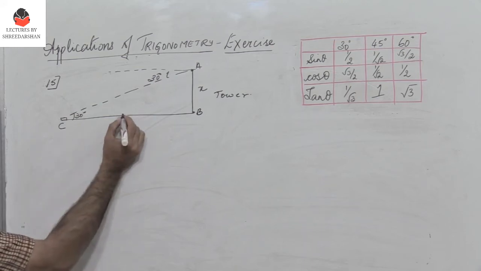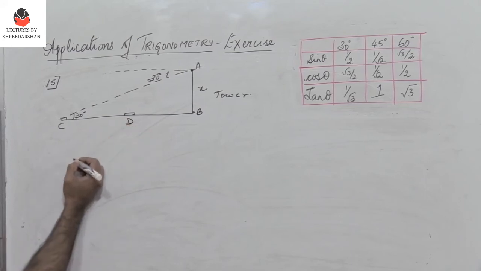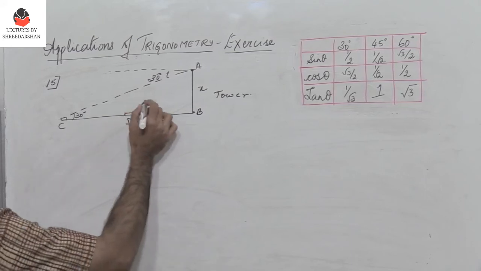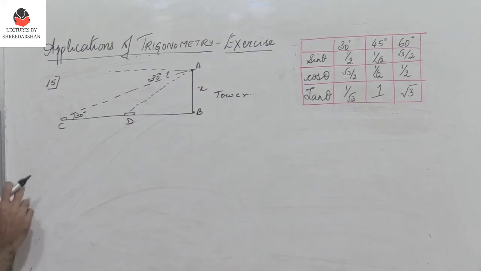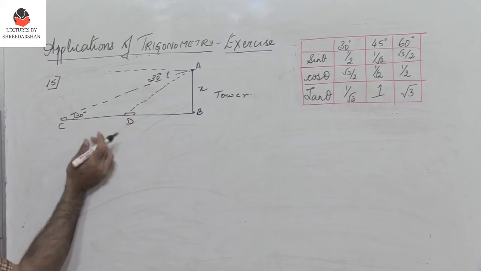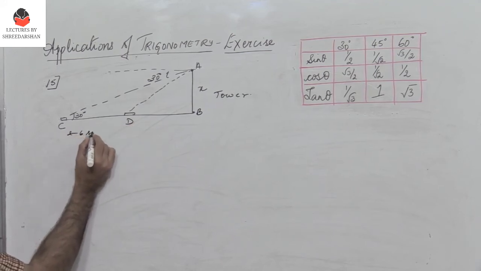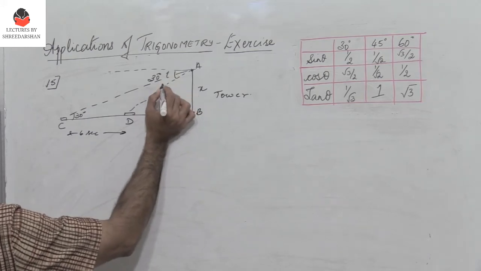So 6 seconds later he finds the car here at a point say D. After 6 seconds, the car has moved from point C to point D, and the angle of depression is now 60 degrees.